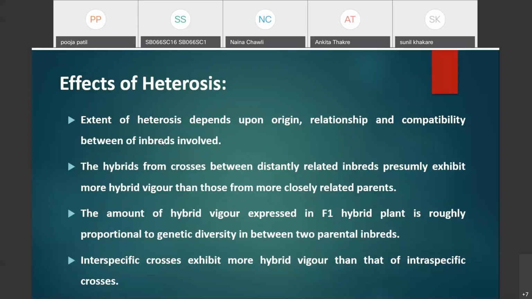The amount of hybrid vigor expressed in the F1 hybrid plant is roughly proportional to the genetic diversity between the two parental inbreds. The superiority of the F1 hybrid is proportional to the genetic diversity between the two parental inbreds.